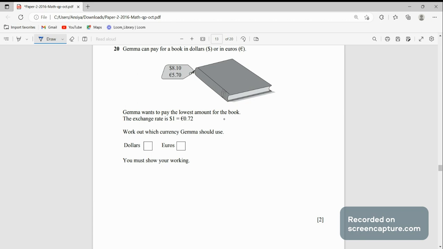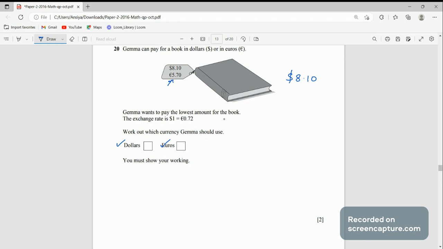Now work out which currency Gemma should use. She needs to buy using dollars or she needs to buy using euros? We need to find out. So we need to calculate how much is this one. Okay, anyway, dollar is 8.10.